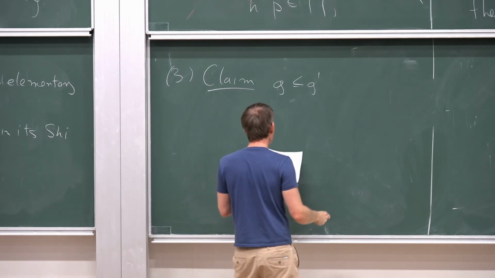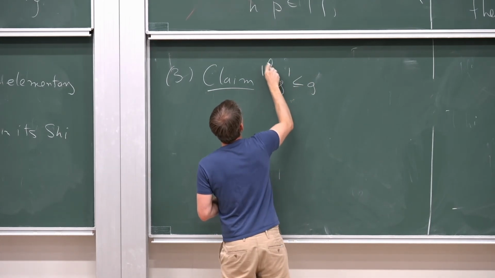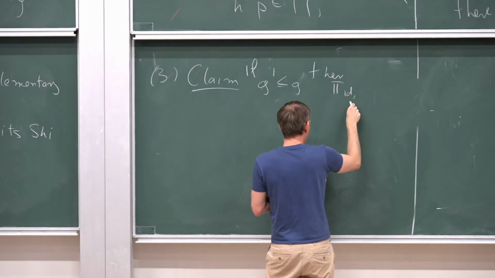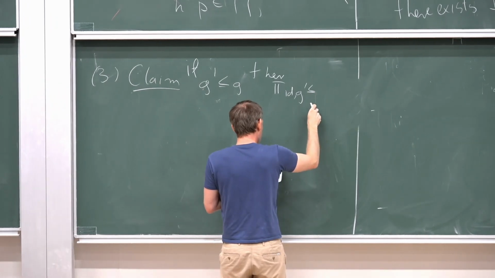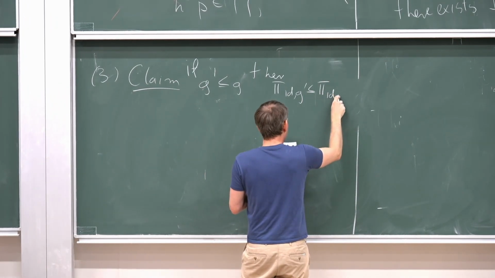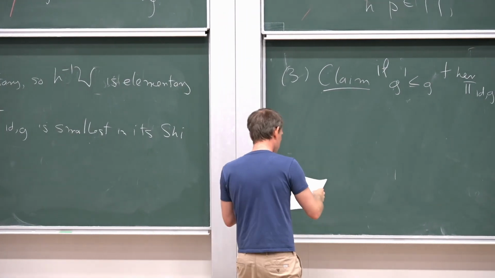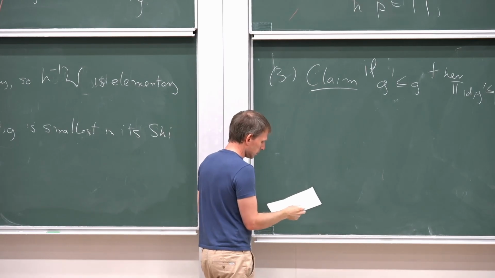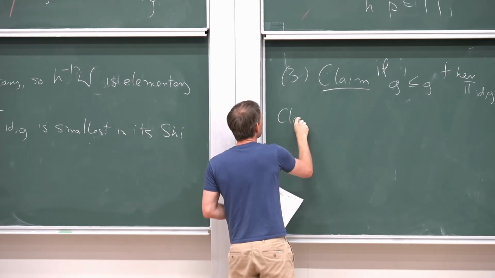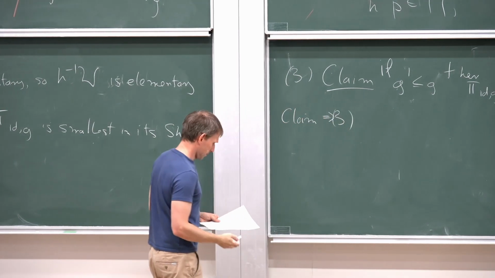So the claim is that if G prime is smaller than G, then the voracious projection from identity towards G prime is smaller or equal than the projection from identity towards G. So let's see how the claim implies part 3.